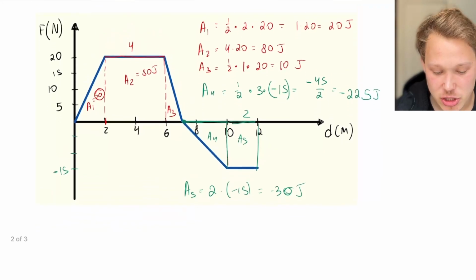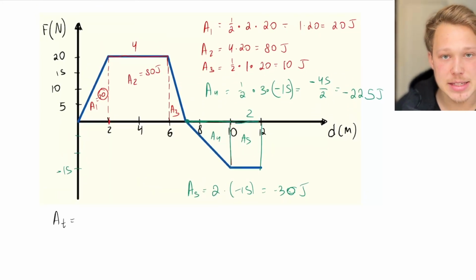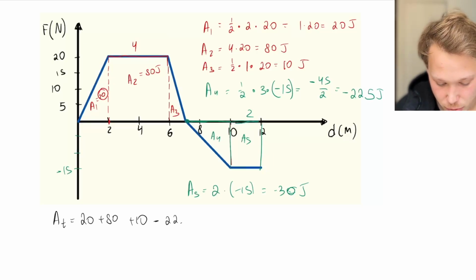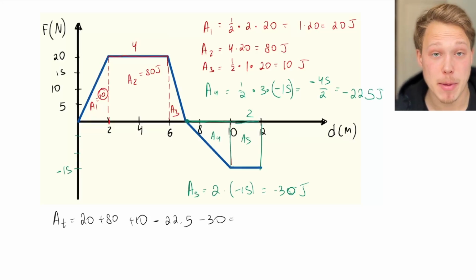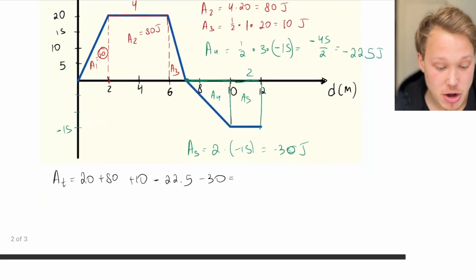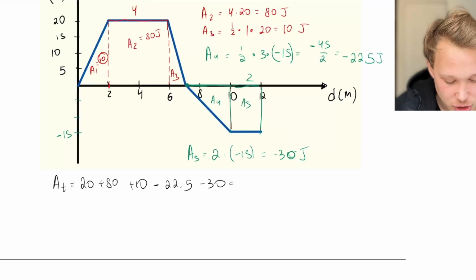So the final answer, to calculate the final work that is being done, is just going to be a sum of all of these areas, right? So 20 plus 80 plus 10 minus 22.5 minus 30. And notice again that work can be positive or negative. That's also an important takeaway, because area underneath the curve can be positive or negative. So let me just calculate this really quickly.